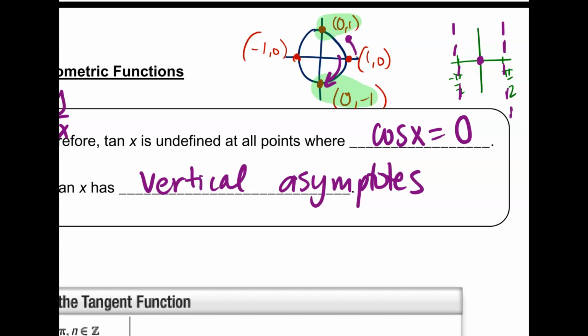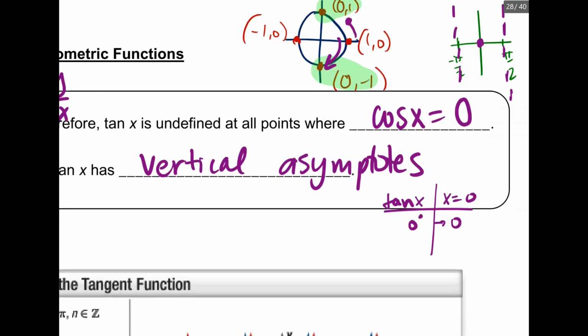Do we know what tangent of 60 is? Do you have your calculators? Let's just see what happens. Do tan of 30, 60, see what's going on. Yeah, first find tan of 30.